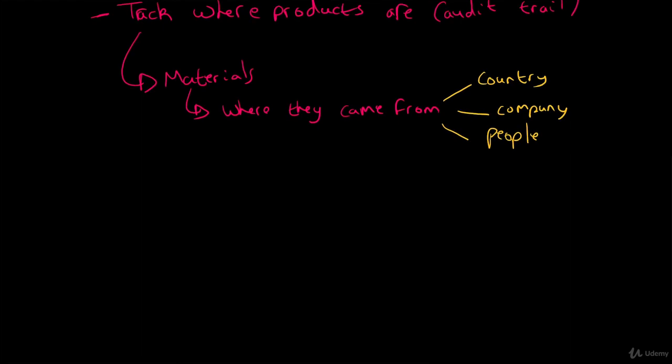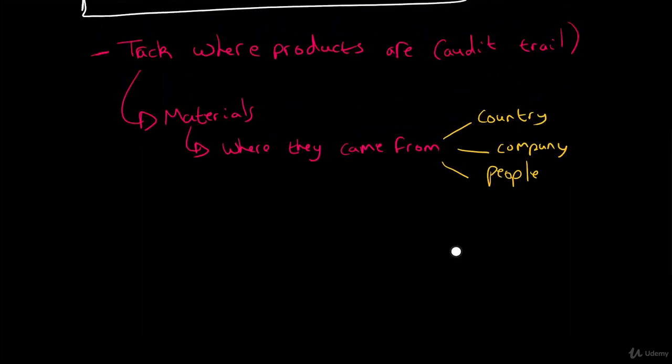It can also include the distribution. So if it came from this country, how did it go from this country to this company, then eventually how did it come into being in this particular product. So that's where it came from.